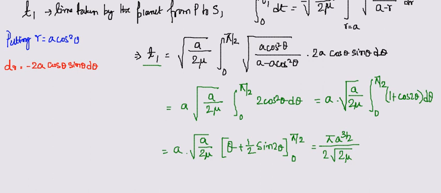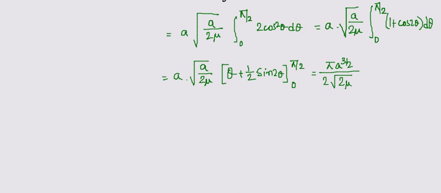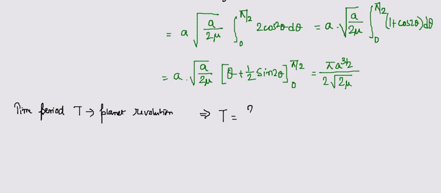Now the time period, capital T, for the planet revolution. So what will be the planet T? It is given by T is equal to 2 pi a to the power 3 by 2 by root mu.